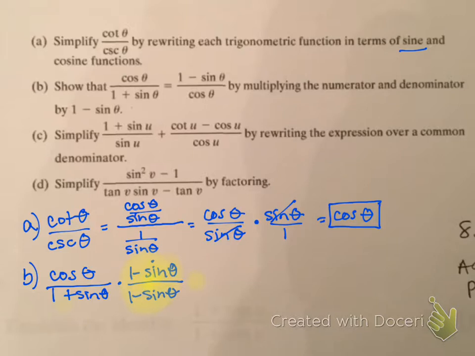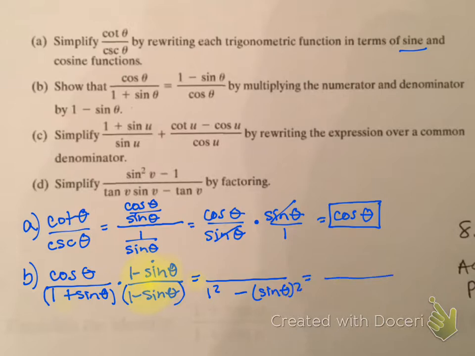Okay, when I do that, let's take care of the denominator first. This actually becomes the conjugates. And when you have 2 conjugates, this actually becomes the difference of perfect squares. And if you don't believe me, FOIL it out. So you take your first term, you square it. So 1 squared is 1, minus the second term squared, sine theta squared.